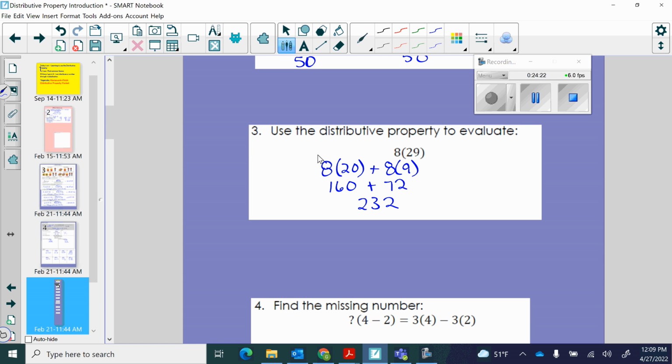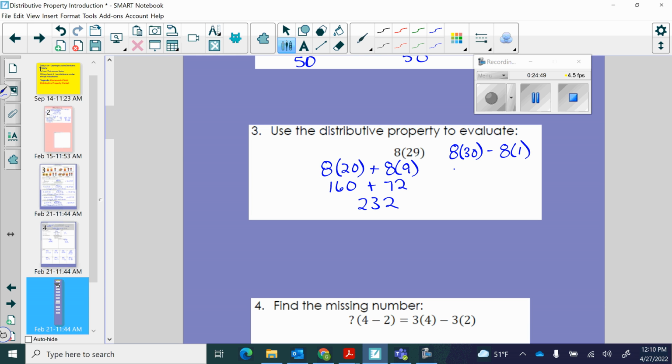Is there a way we could do this using subtraction? What makes 29 when you subtract? I need easier than that. What makes 29 when you subtract, guys? 30 minus 1. So could I do 8 times 30 minus 8 times 1?